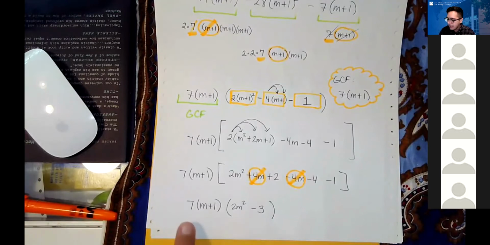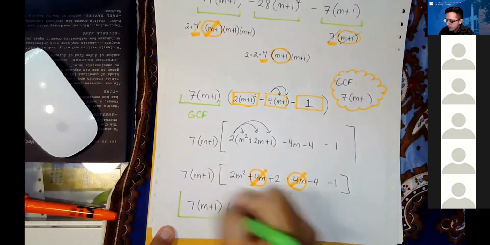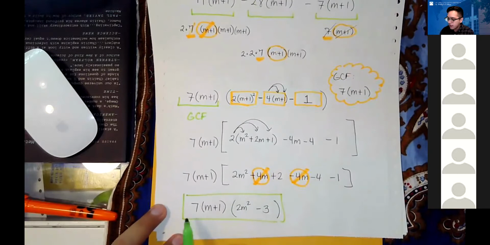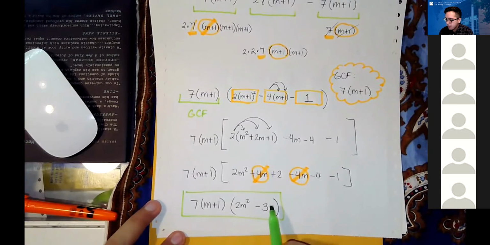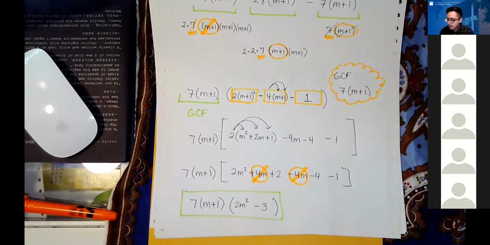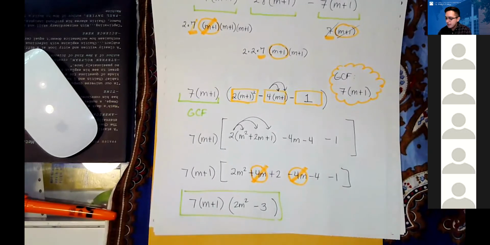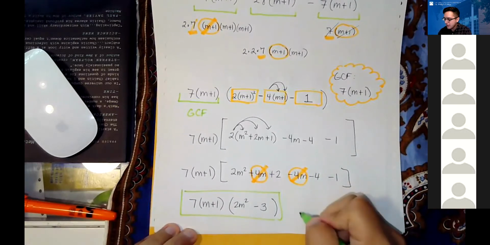And so now we have a statement here at the end where you have a number times a binomial factor times another binomial factor. So we can say that this is fully factored now.